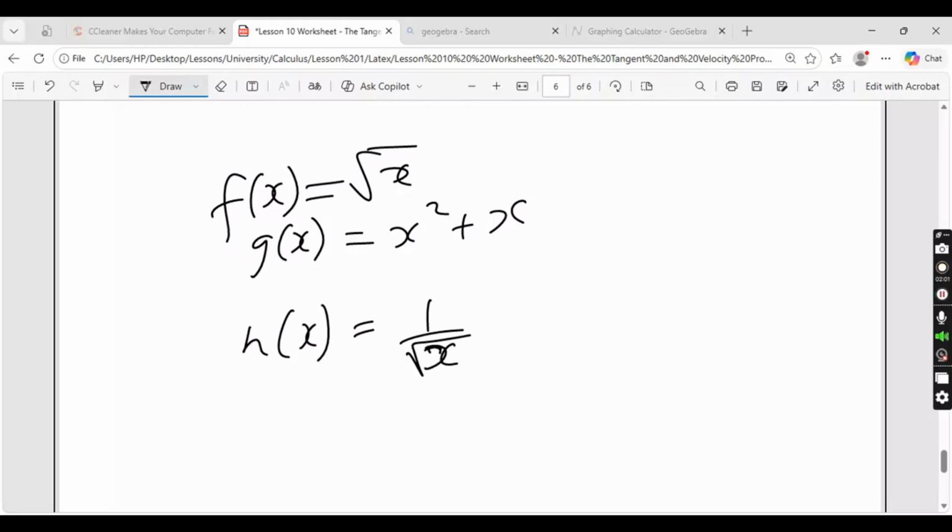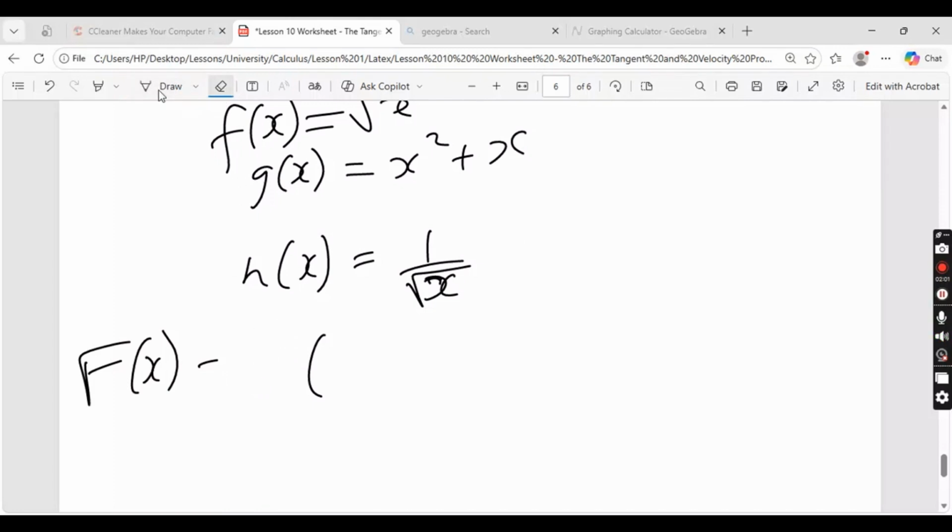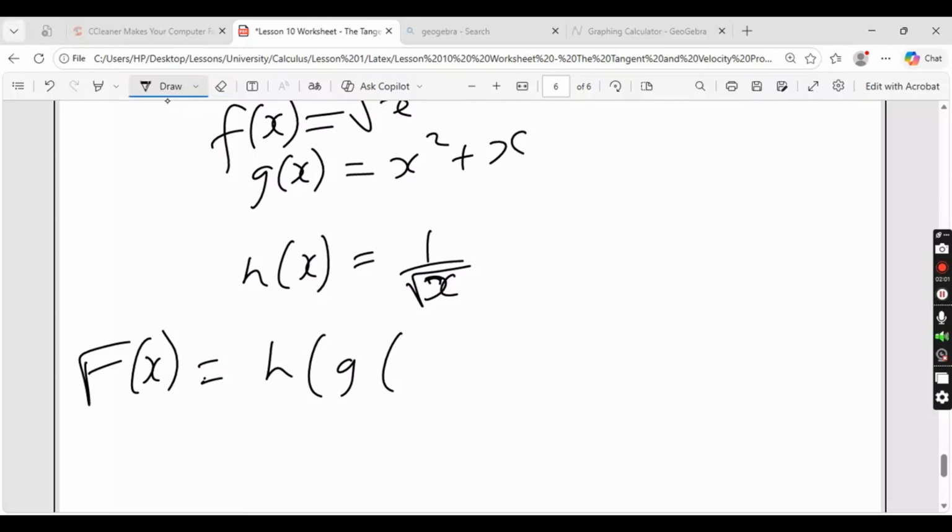And when you write the equation, is the capital F of x equal to h circle g circle small f, like the composition circle, and then bracket of x, or the other way? Did you say HGF? Yes. Okay.